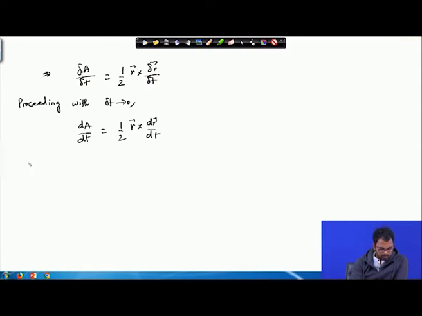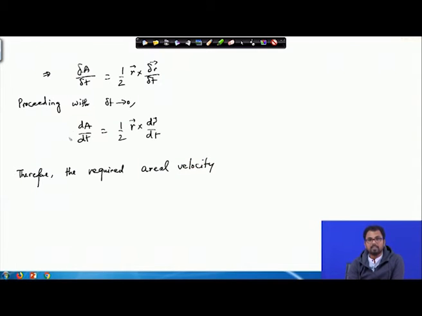So, that means the required aerial velocity, which is basically the time rate. This d/dt is signifying the time rate of description of the area swept by the vector OP, right. So, this is basically the time rate of description.